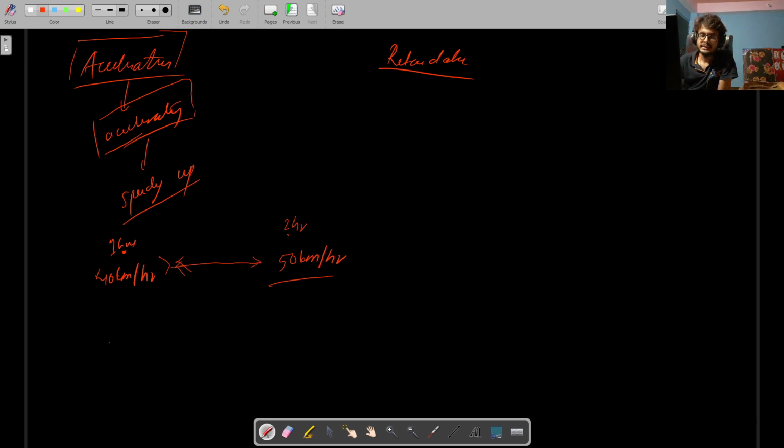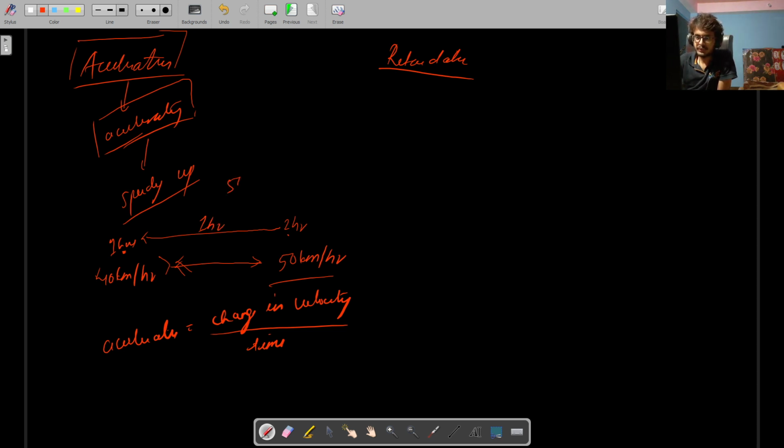Now acceleration is defined as the change in velocity or speed divided by time. So how much is your change in velocity over time? In this, the total time between your 40 kilometer and 50 kilometer change is 1 hour. And what is your speed value change? You are changing from 40 to 50.